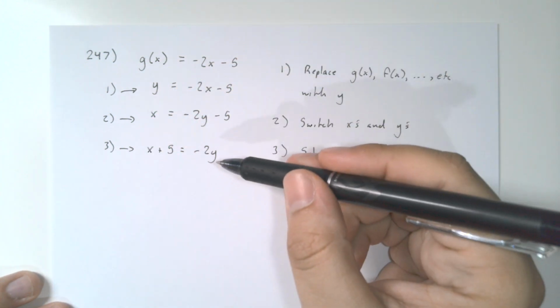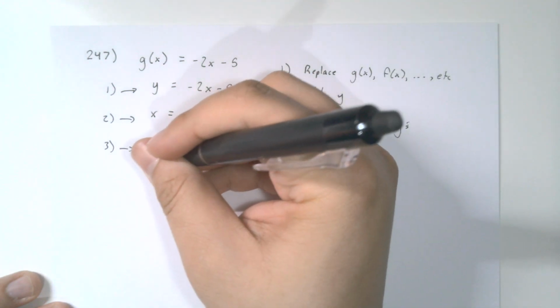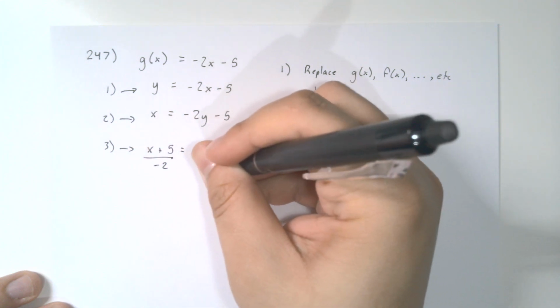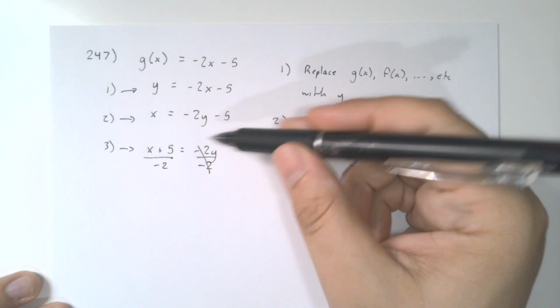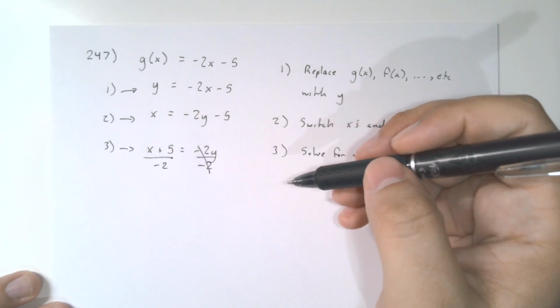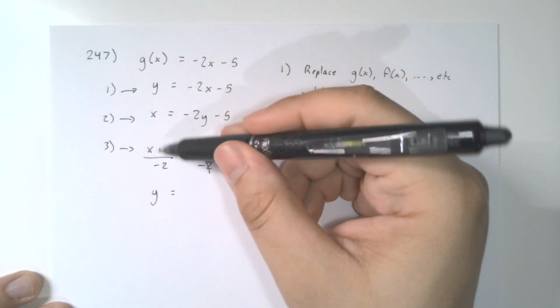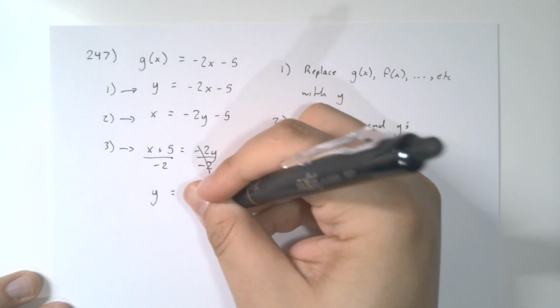And then last thing we need to do to get y by itself is divide by negative 2 on both sides. The negative 2's cancel. And to keep y on the left-hand side, like we usually see it, we can write y is equal to x plus 5 divided by negative 2.